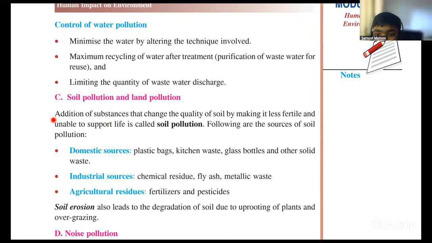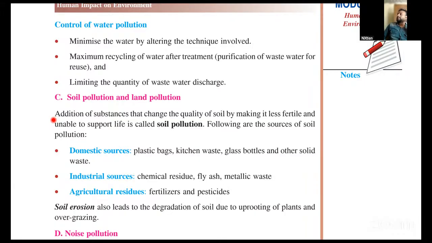Agricultural residues, fertilizers, and pesticides. Soil erosion also leads to soil pollution. Soil pollution is the pollution in which we add some substances to the soil, which make the soil become barren and not suitable for agriculture or any cultivation.